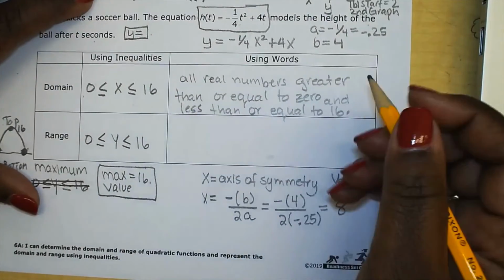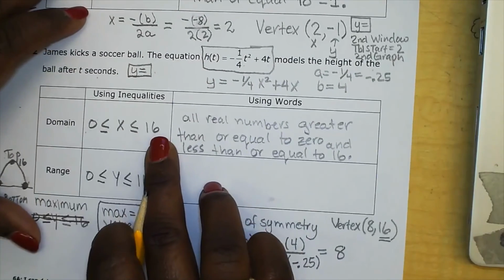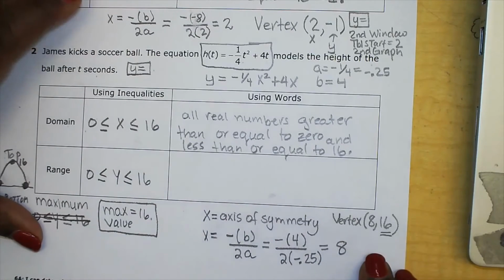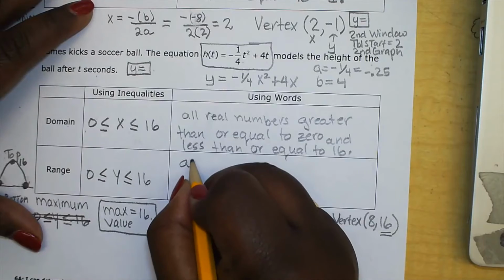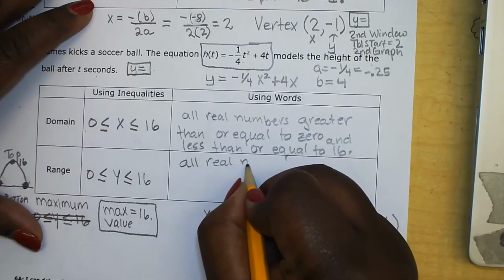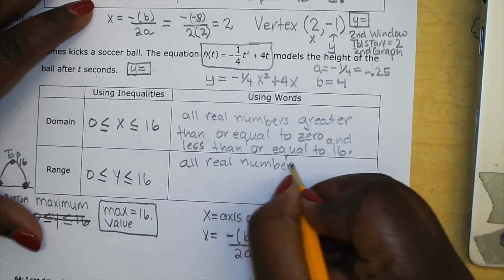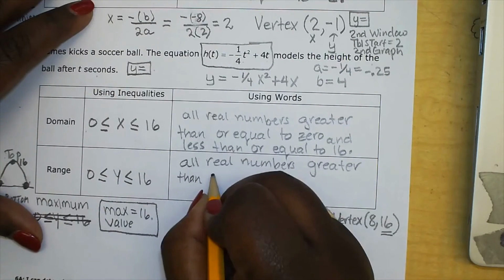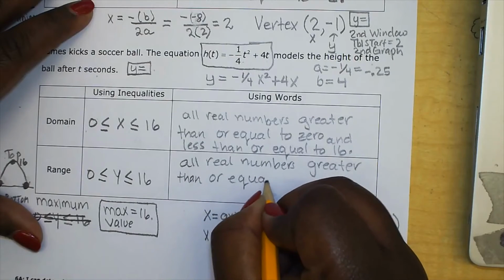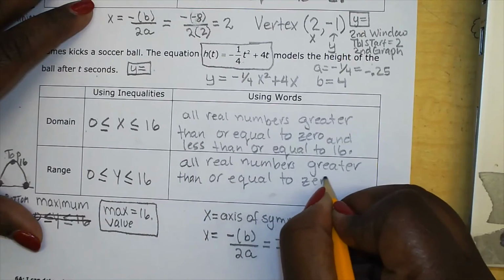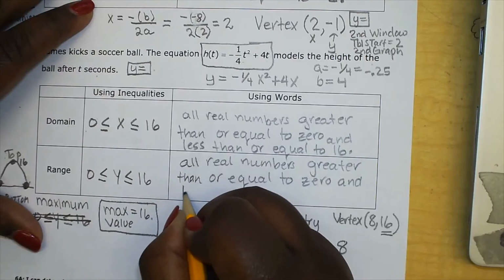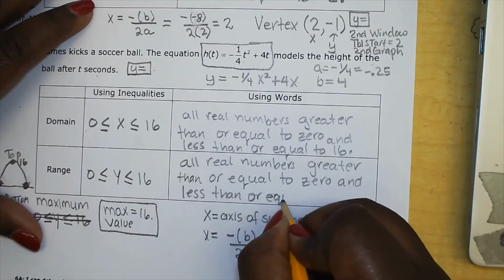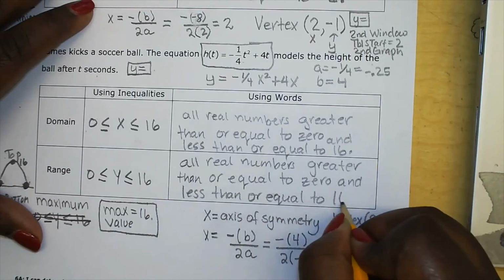For the range, after the ball was in the air 16 seconds, it hit the ground. So it's all real numbers greater than or equal to 0 and less than or equal to 16.